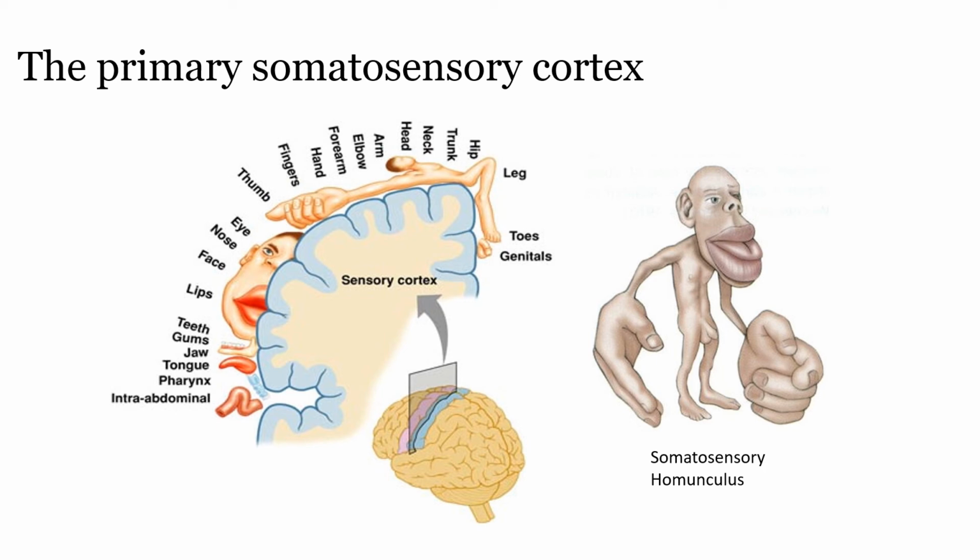A classic example of this is the face, the lips, and the hand. A huge percentage of our brain space on this primary somatosensory cortex is dedicated to processing all the information coming from those sources. In fact, if we use those even more, we can see people's brains adjusting to have even more space than what you see represented here, dedicated to processing that information.